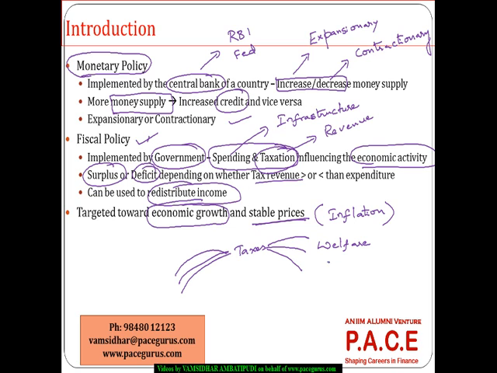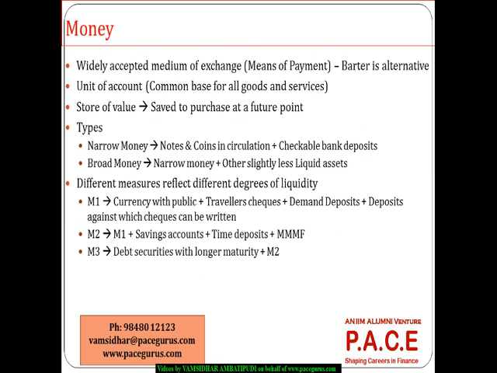Spend on the poor in terms of welfare schemes by charging the rich in the form of taxes, which means there is a redistribution of the wealth and the income that comes out as a part of the fiscal policy. So, on a broader scale, these are the conceptual aspects of these two policies.